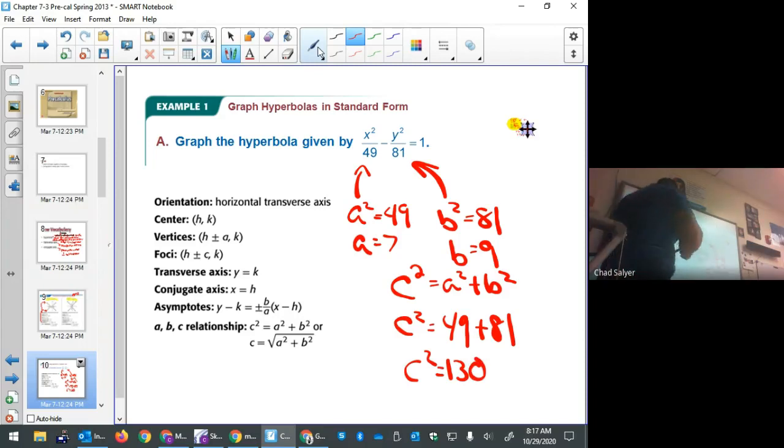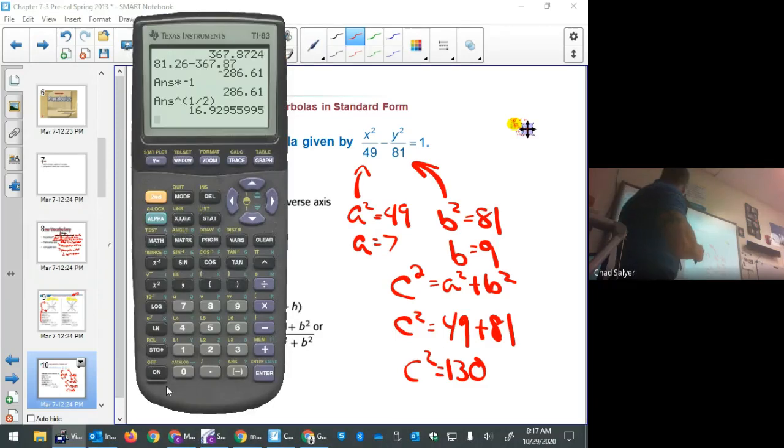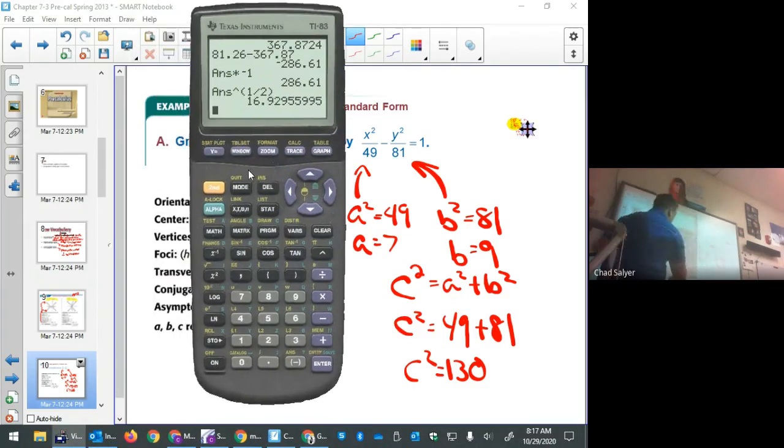Perfect square factors, I don't think so. Let me double check here. So 130 divided by 4, no. 130 divided by 9, nope.